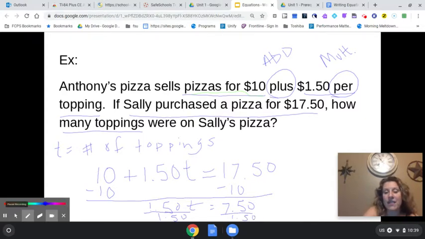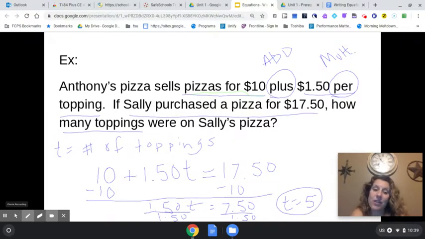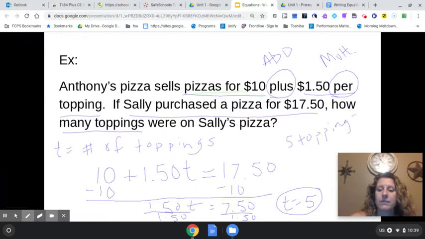Okay, so if we divide that, 750 divided by 150, we get the number of toppings is equal to 5. T equals 5. So to answer the question, how many toppings were on Sally's pizza? 5 toppings are on Sally's pizza. I'm not going to write out that whole sentence, guys, because one, I'm getting short on room, and two, my handwriting looks terrible on this touchscreen, but I at least identified the number and what it's representing. 5 toppings.